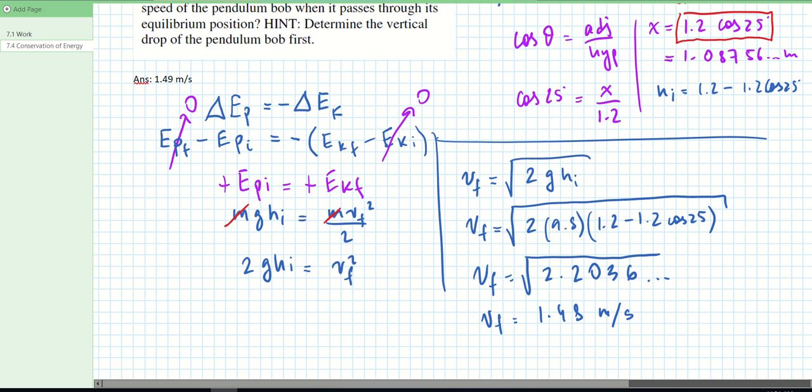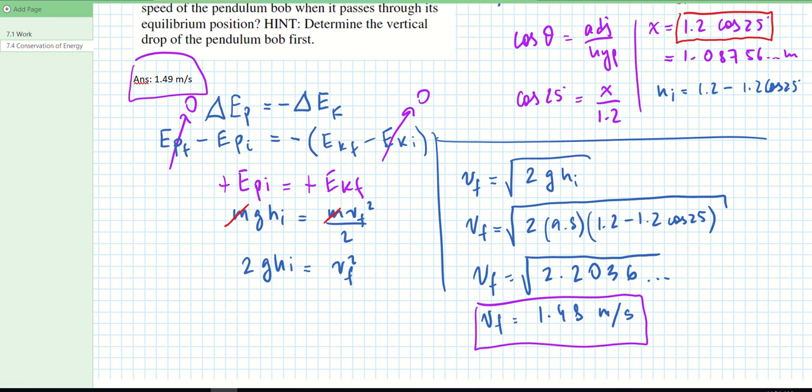So that's our final speed here. The answer provided in the answer key is 1.49, and that could be just because of the proper number of sig figs when you round.